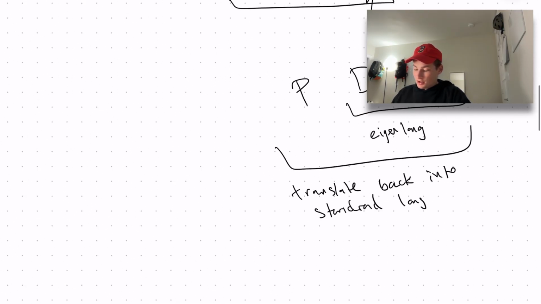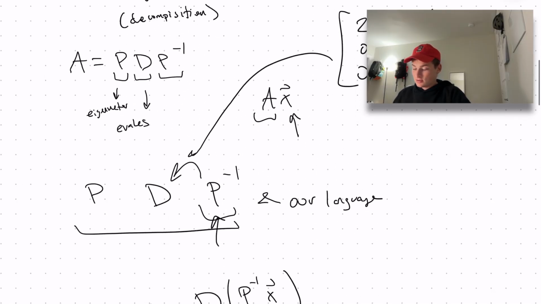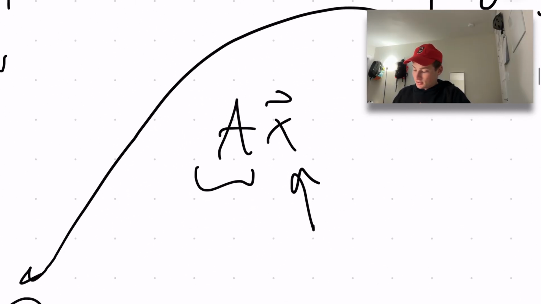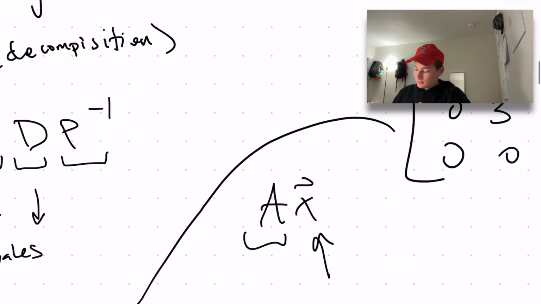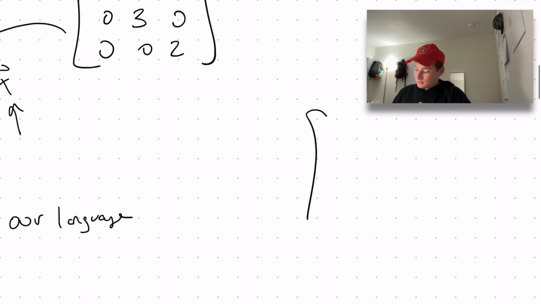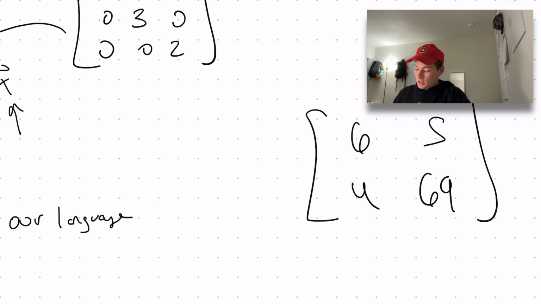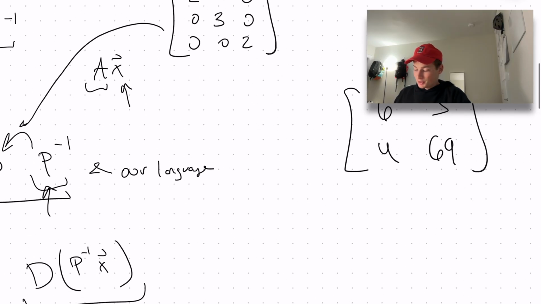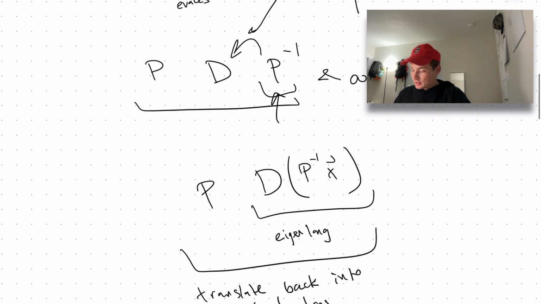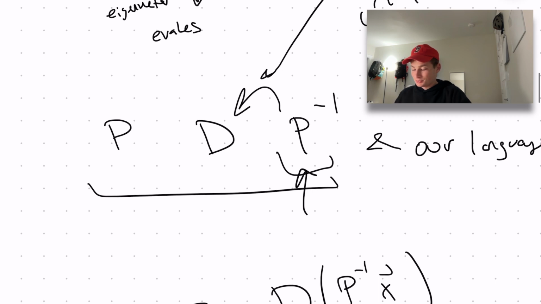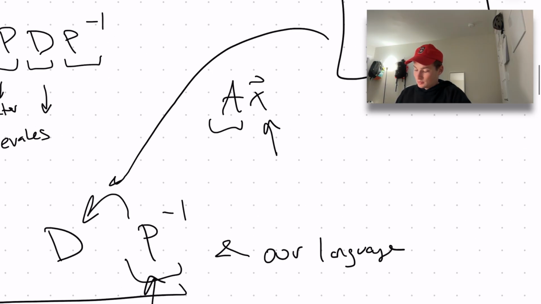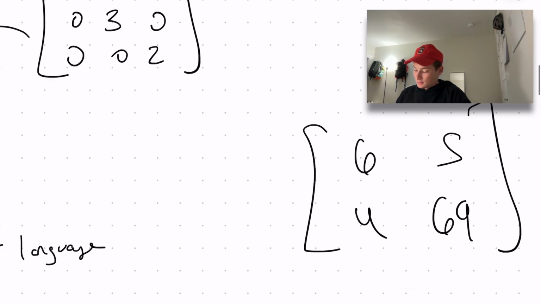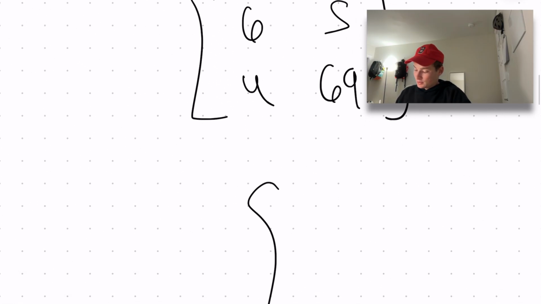So we could have done the transformation with A, but it might have been some ugly looking matrix. So we broke A up into 3 parts, and then we can have a much simpler transformation of D, which is guaranteed to look like this.